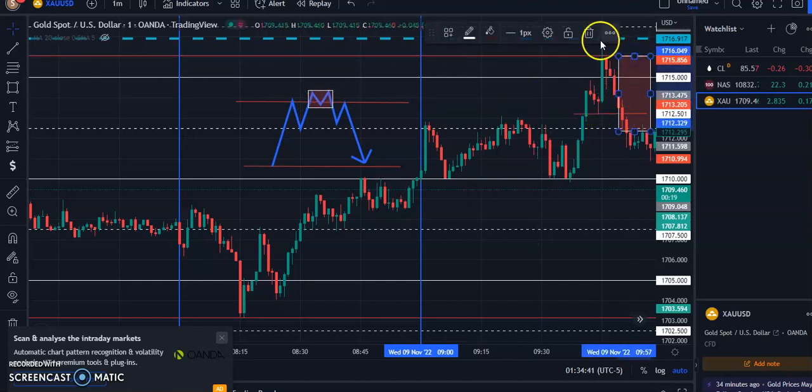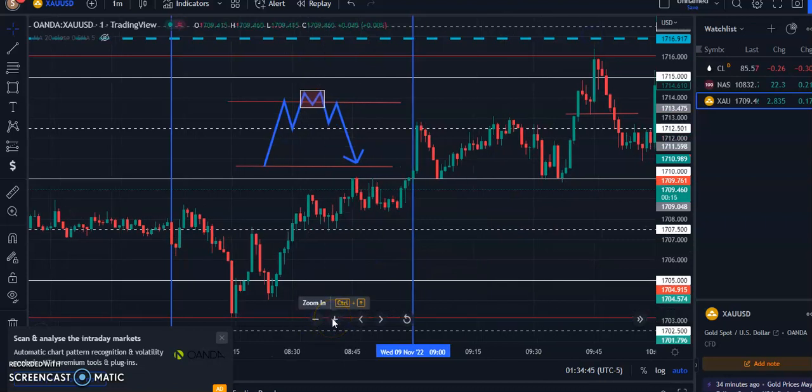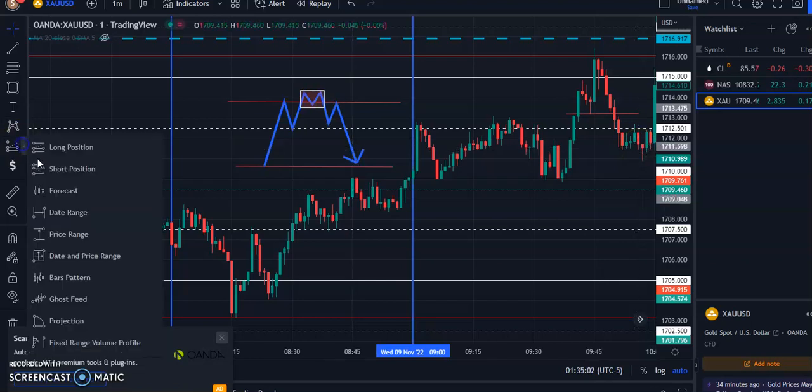So, what did the market do? The market came back to stop hunt guys like me who entered early. I entered right here, 9:56, and I got stopped out.